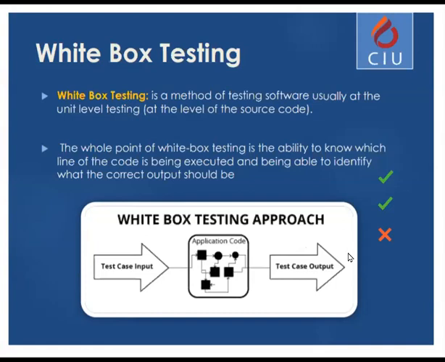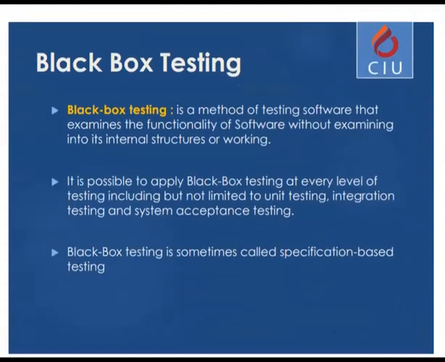The whole point of white box testing is the ability to know which line of the code is being executed, and being able to identify what the correct output should be. So even if you do not create a list, you do a lot of white box testing unintentionally, perhaps, when you test your software. And at the end of the day, this generates an alpha version of your software.